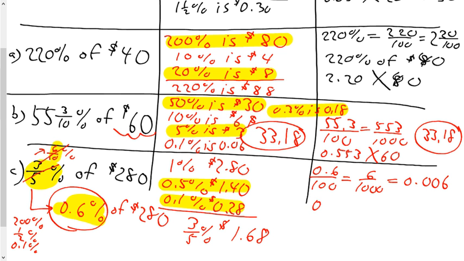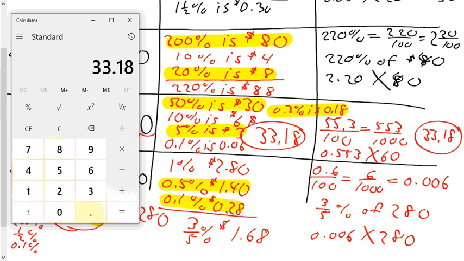So therefore, let me write the original question. 3/5% of $280 will be 0.006 times 280. I'm so excited. I hope it's $1.68. Decimal 0.006 times 280 is $1.68.